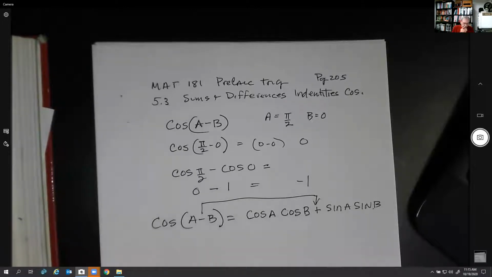It's kind of like a little musical number there, I'm sorry. But that's how it goes: cosine of A, cosine of B, sine of A, sine of B, opposite sides right there.